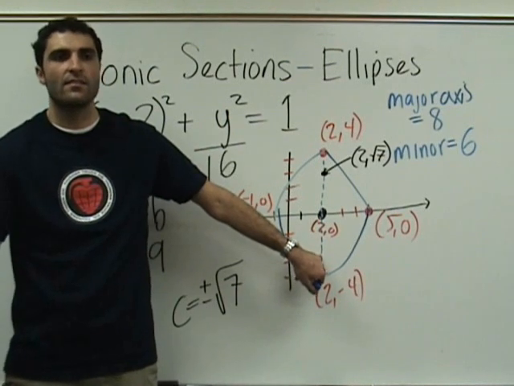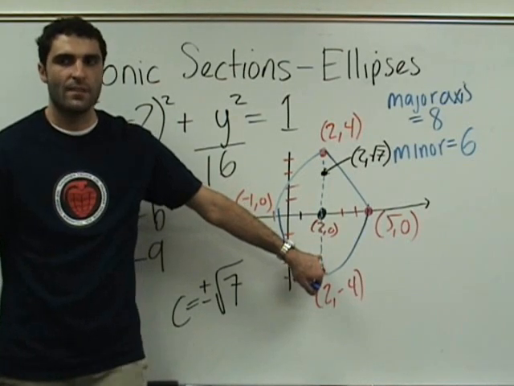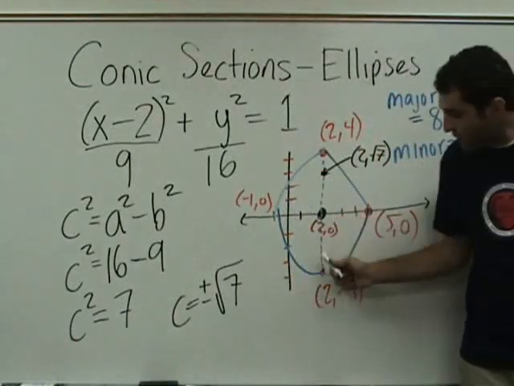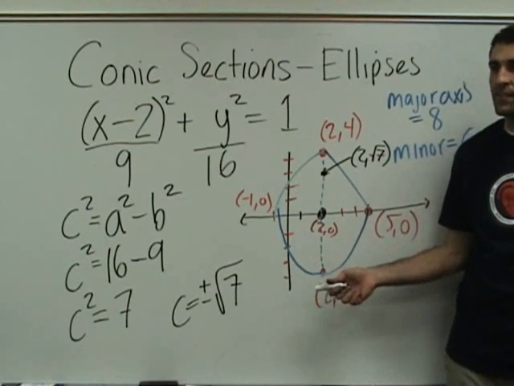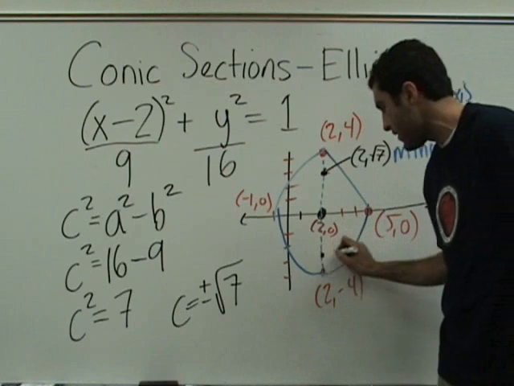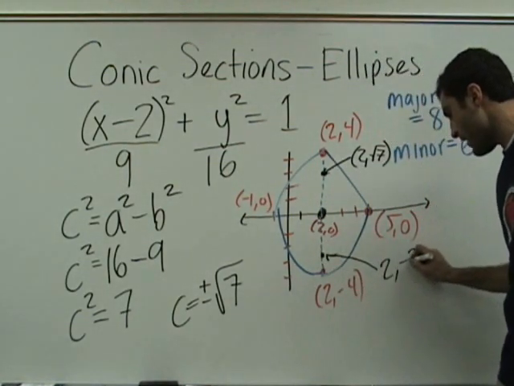Say it again. 2, negative root 7. Good. You just go a distance of root 7 the other way. If we went root 7 down, that affects the y, going down from the 0 point to negative root 7. So this point here is 2, negative root 7.